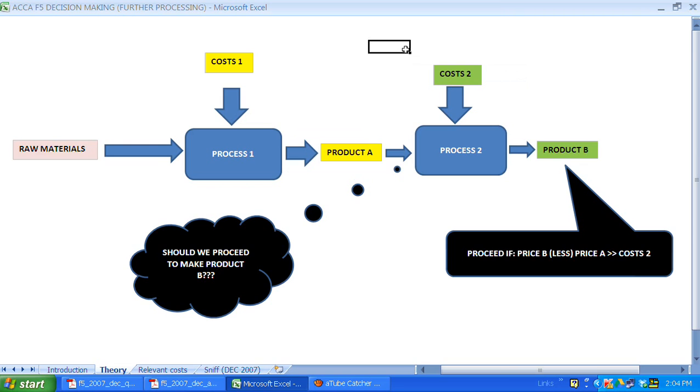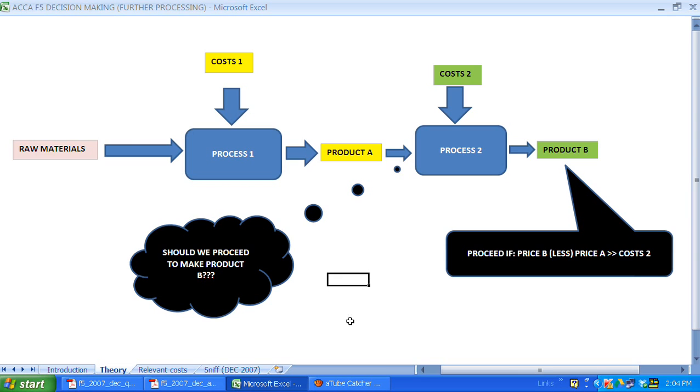And it's quite logical. If I'm to move from product A to product B, the process 2 shouldn't be expensive. So the incremental revenue should exceed the costs, and the incremental revenue is the price of B less the price of product A. As long as that exceeds the additional costs, then we should proceed.